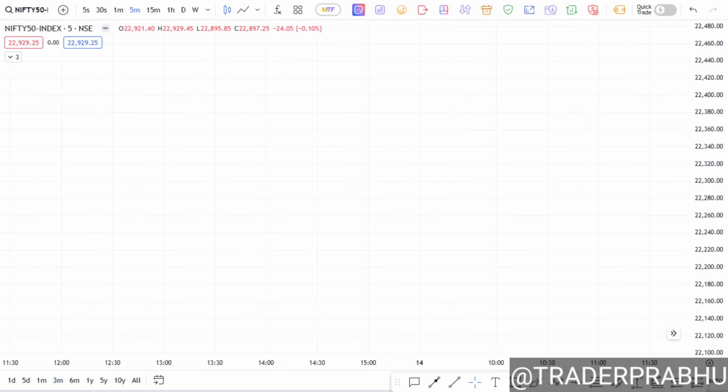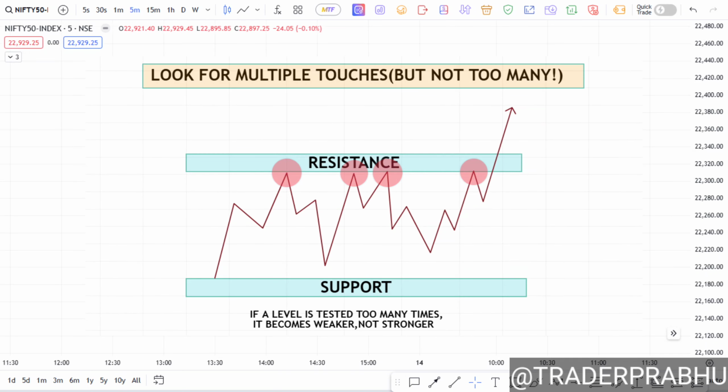So let's fix that. Look for multiple, but not too many, touches. A strong support or resistance zone is not a single price, it's an area where price has reacted multiple times.